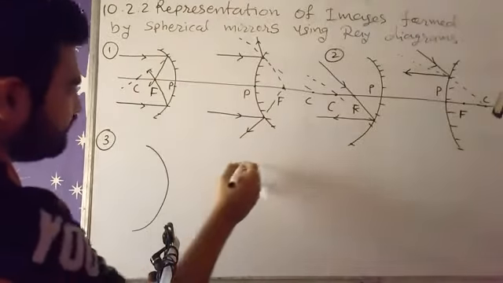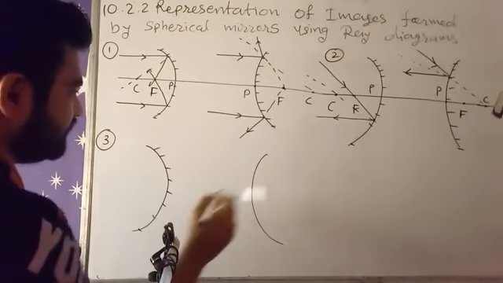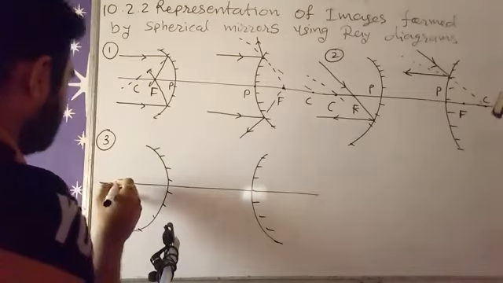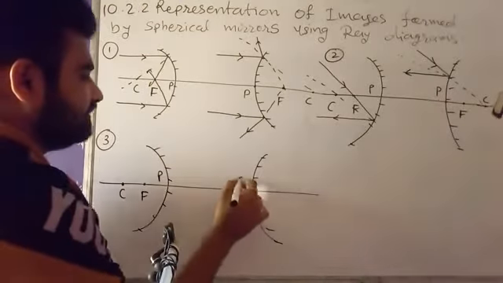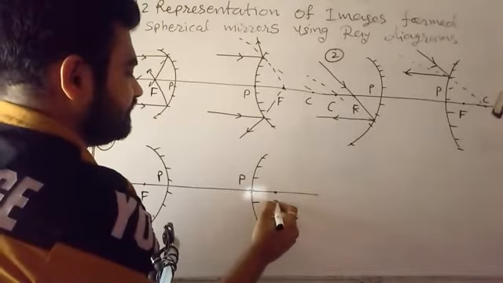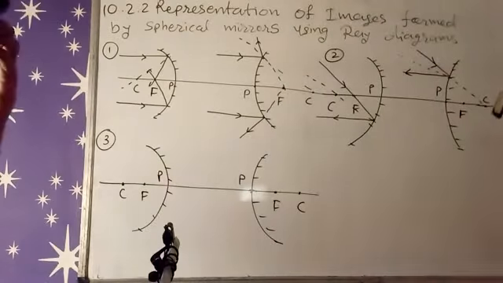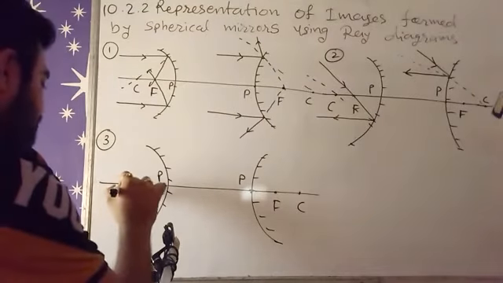Similarly we are having two mirrors, one is concave, another is convex. I have to write the points: this is C, this is F, this is P. Similarly, this is P, this is F and this is C. Okay, now our light rays are coming from the C point.